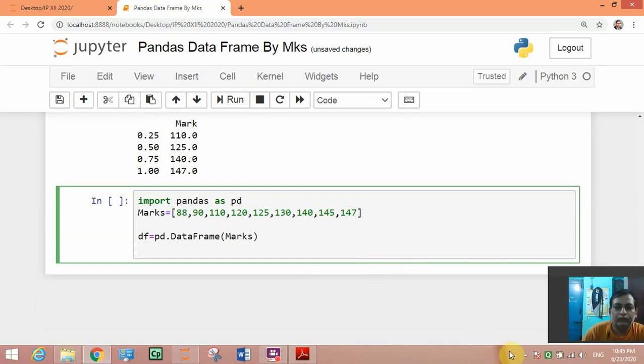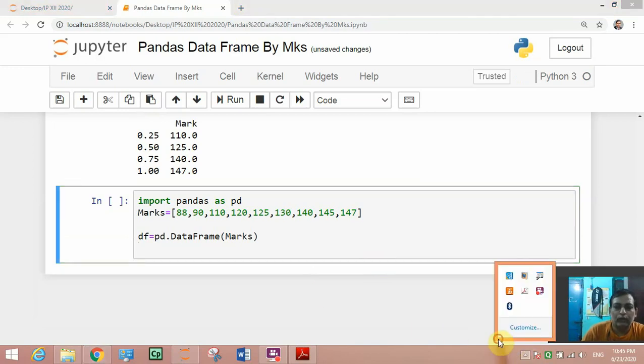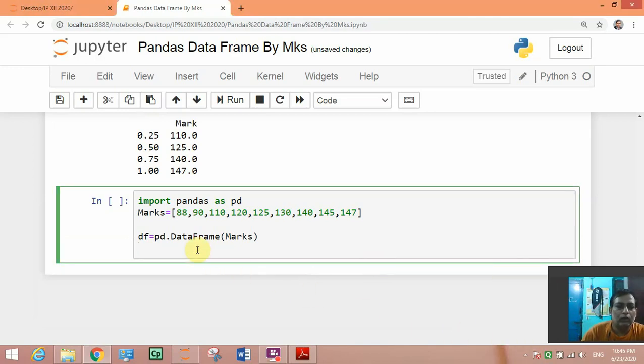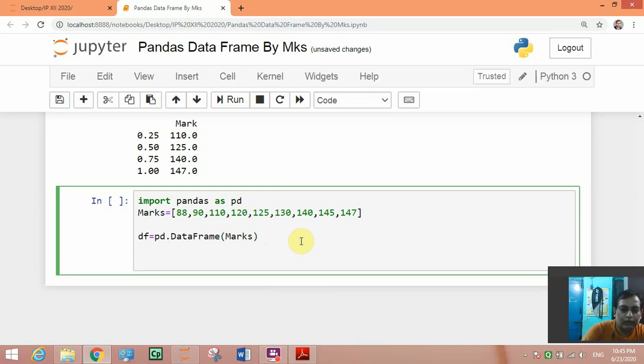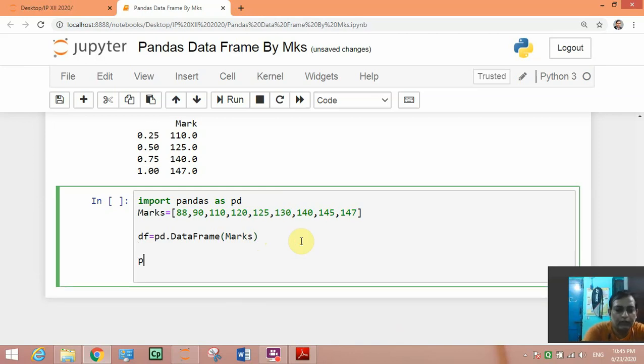Suppose we print this data frame. So what will it give? Print df.